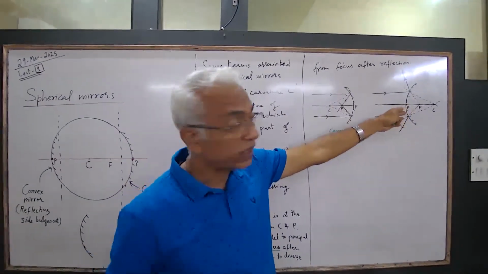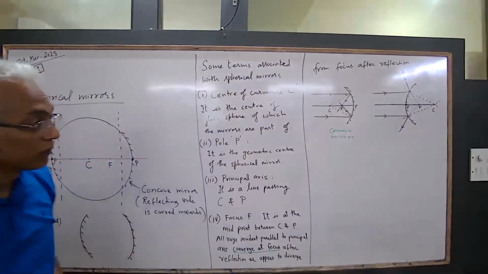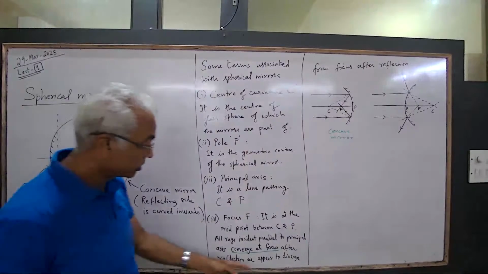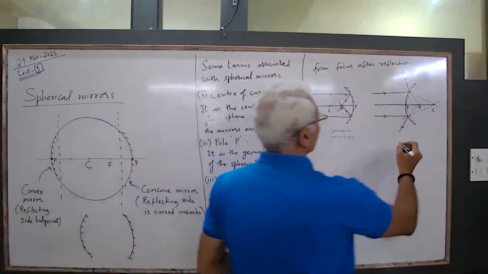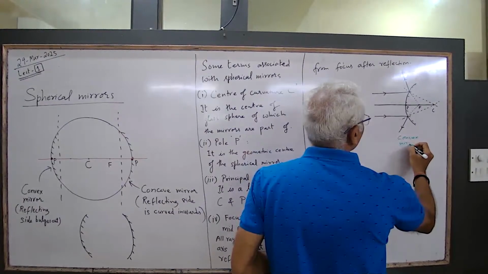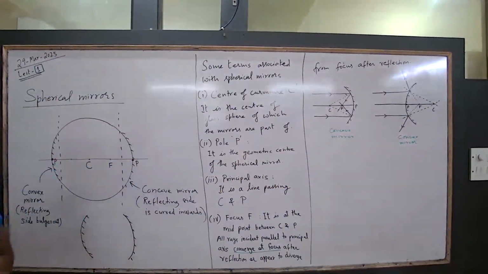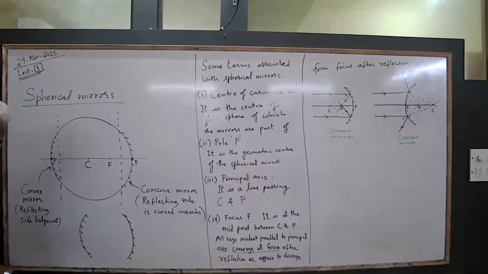But you can look for diagram in the book for focus explanation. So the second part of the statement is true for convex mirror. Is that clear? So this is focus.